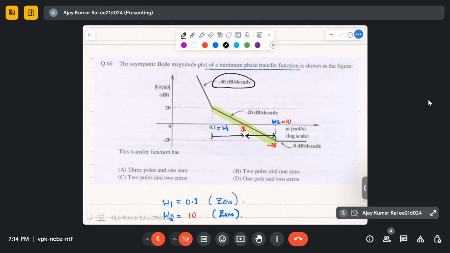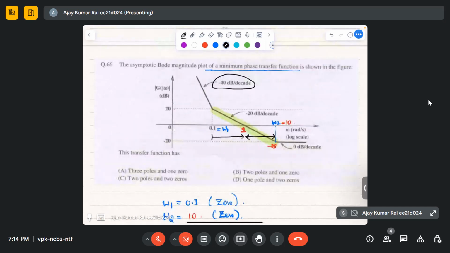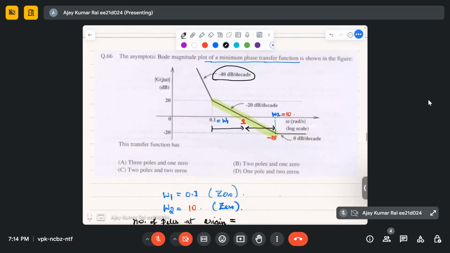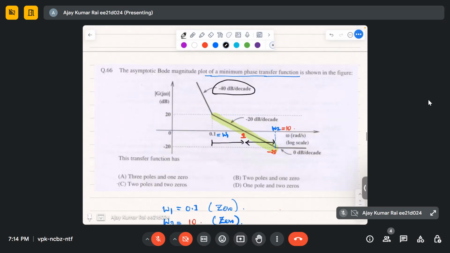How many poles do we have at the origin by seeing the initial slope? It is equal to 2, because minus 40 dB.